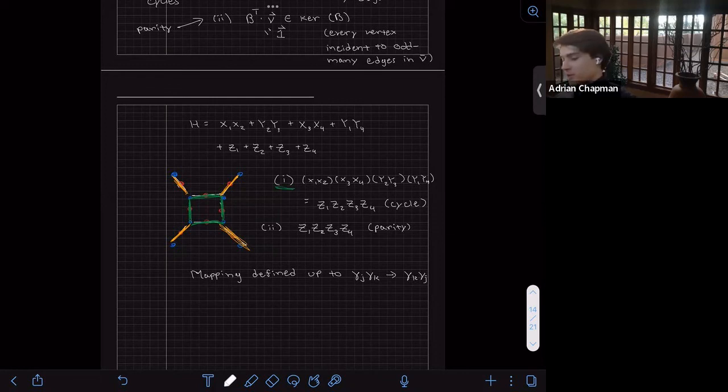But if I'm allowed to switch, so switching the order of these operators just changes the sign of that term, and that doesn't change the commutation relations. So I'm in general allowed to do this.